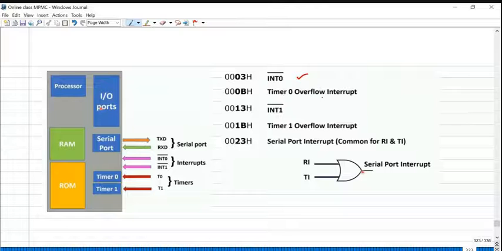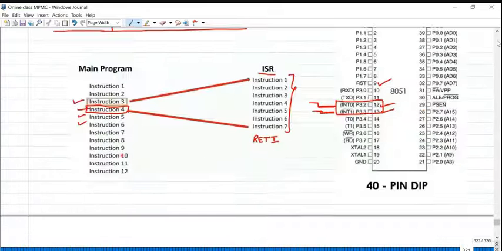Whenever the timer 0 overflow interrupt occurs, the default address for execution of the interrupt service routine is 000B. 0003 is nothing but the starting instruction address location whenever INT0 is executed.